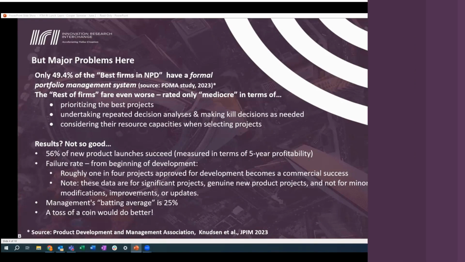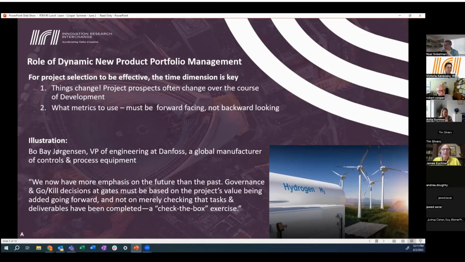Next slide. Yeah, so based on exactly what Bob is saying, that failure rate is quite high, right? It's too high, and we are losing too much value in industry based on those stats that we're seeing. So what is then the role of dynamic portfolio management?